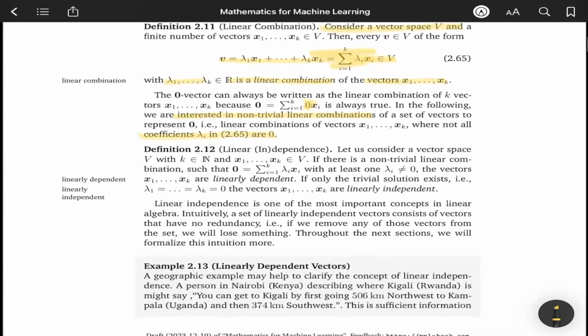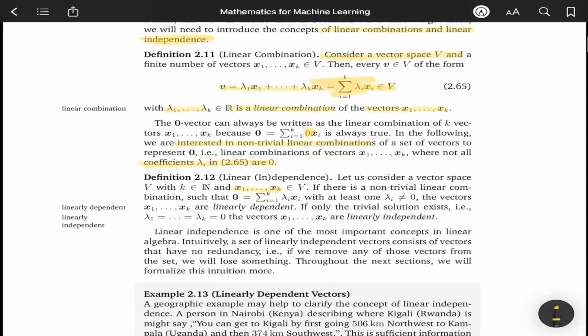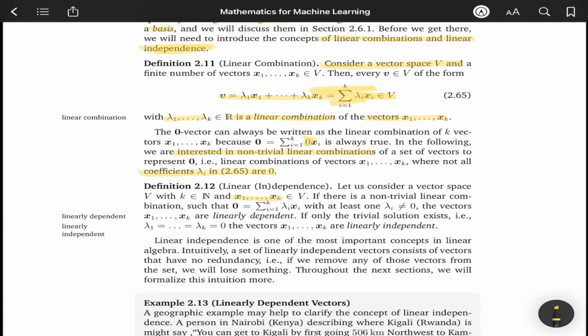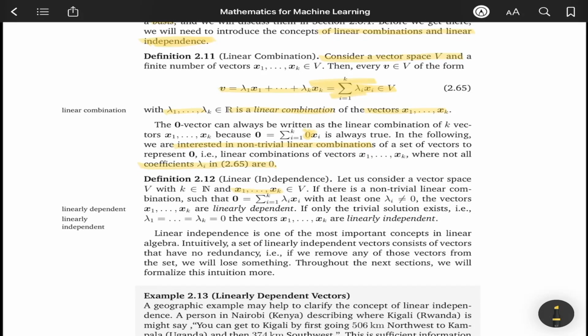Okay, so definition 2.12, linear independence. Let us consider a vector space V with k as a number and x1 to xk as vectors.